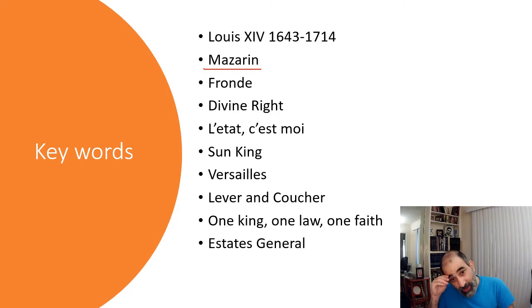And so what we know happens very early in the reign are these frondes, right? And this fronde, the next term there, is these rebellions against the absolutism of France, right? Against Louis XIV when he's a child. Mazarin puts those frondes down.